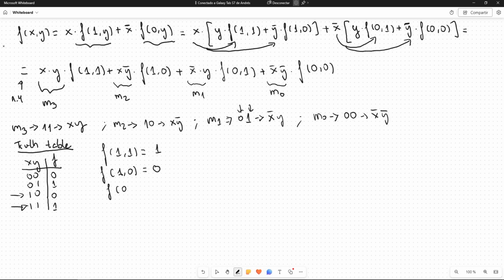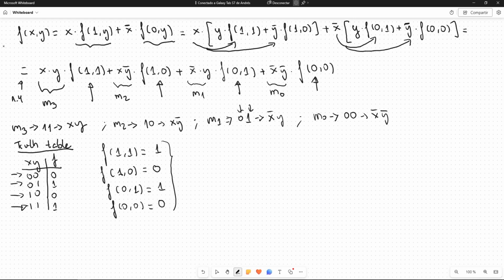For the combination of the input 0, 1, we are here, and it's 1. And for the combination of the input 0, 0, we are here, and it's 0. So we can replace these values here. Okay?